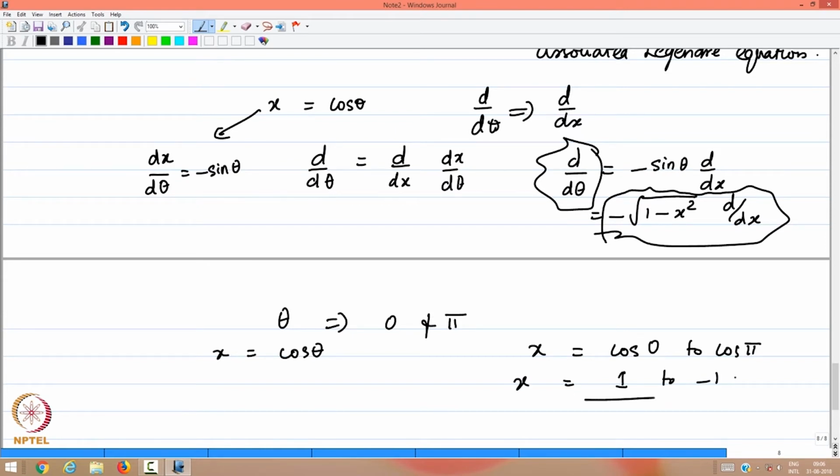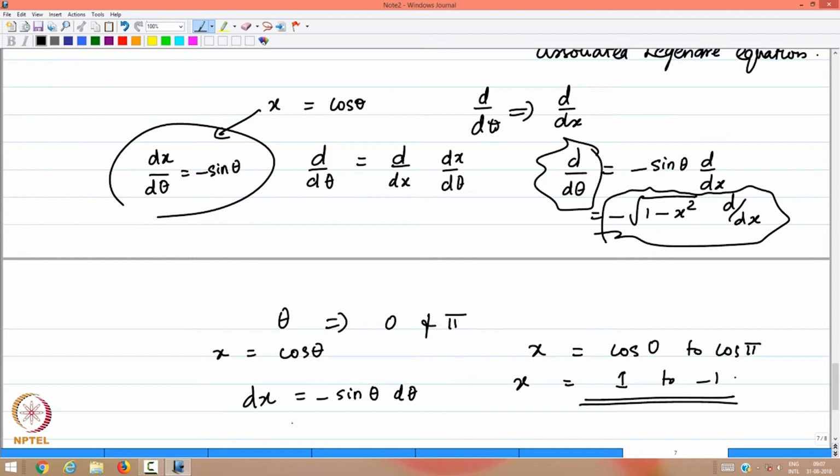The limit of x is from 1 to minus 1, and dx, if we have to later integrate this equation with respect to theta, dx is minus sin theta d theta, that is minus square root of 1 minus x square d theta. So, dx will be replaced by that.